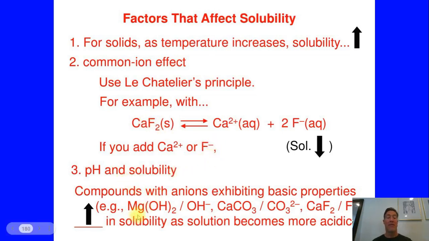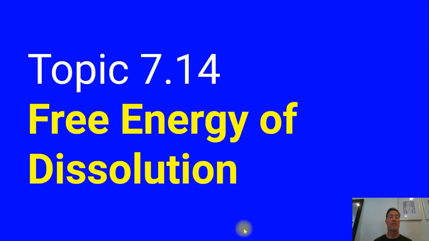For pH, if they have basic properties, then an increase in acid will take away some of those ion products, forcing the reactants to dissolve more to replace them. So if they have basic properties, their solubility will increase as the solution becomes more acidic.